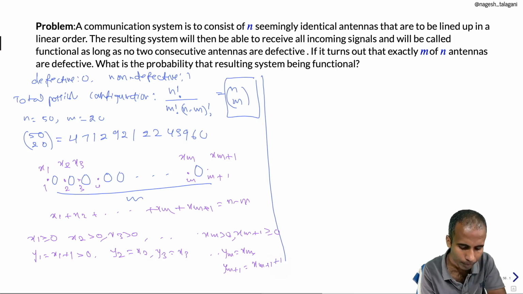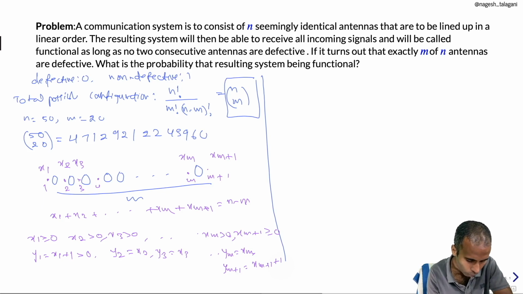Now you see y1 equal to x1 plus 1 means x1 is y1 minus 1, x2 is the same as y2, x3 the same as y3, so on, xm the same as ym, but xm plus 1 is ym plus 1 minus 1.